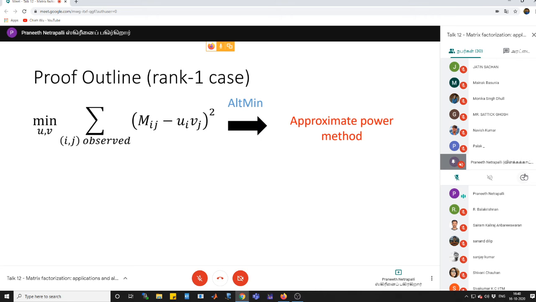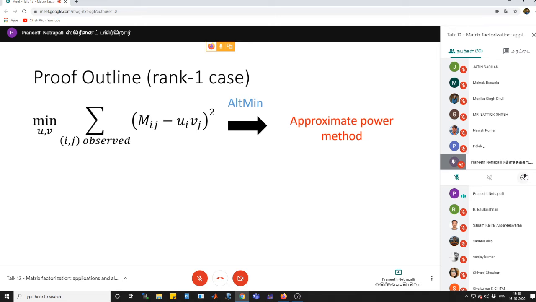Okay. So let me give you a brief proof outline for the rank 1 case. So the high level argument is the following. The alternating minimization algorithm on this objective, we can show is basically an approximate power method. And power method, I'll describe more precisely in the next slide.